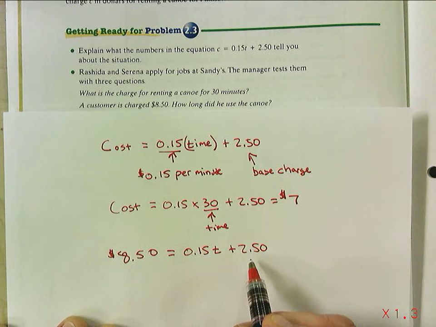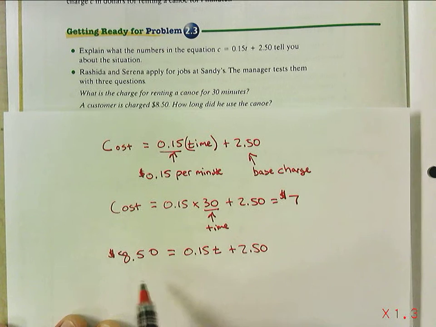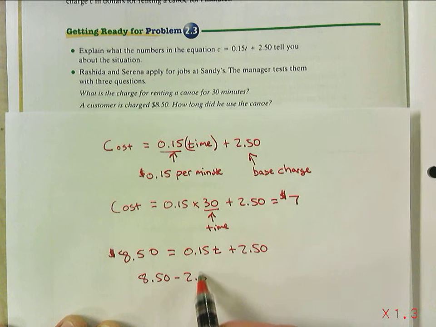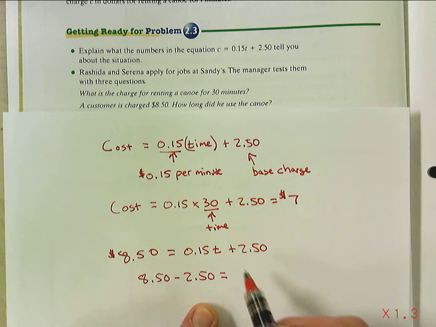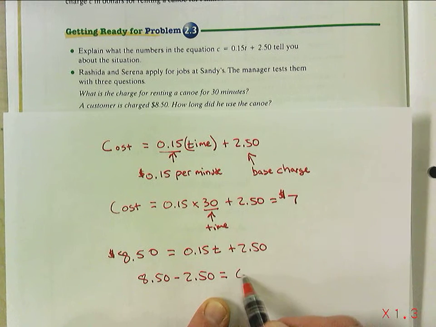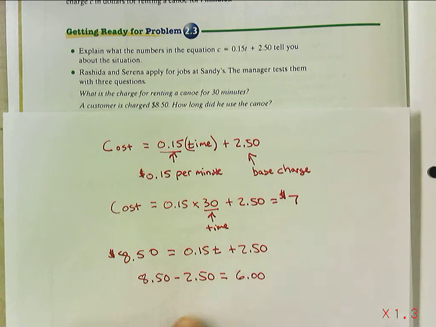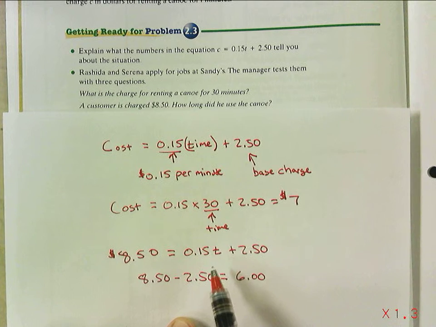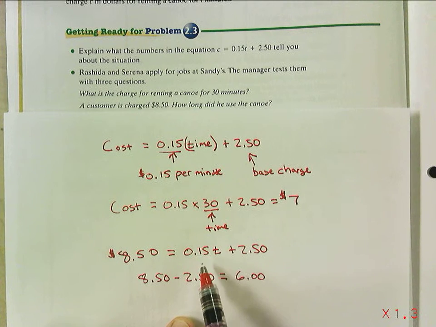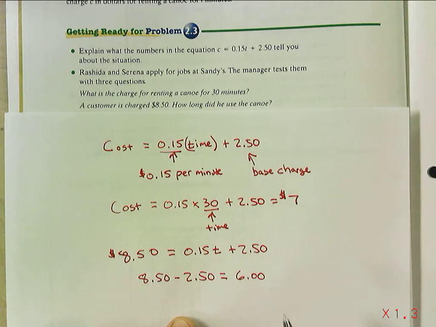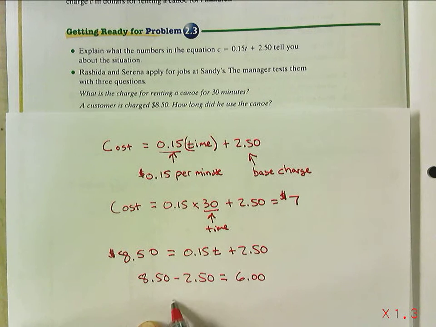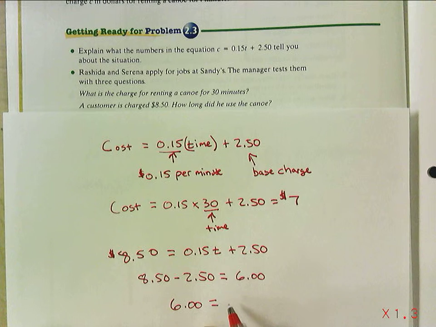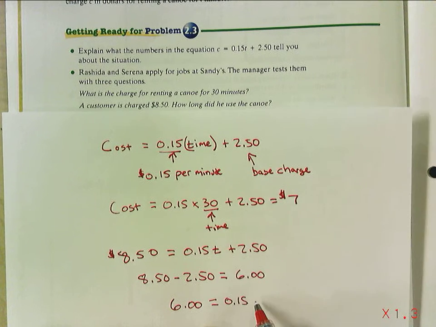Well, there's this $2.50 charge, so if I subtract that from the $8.50, which gives me $6, then I know that the time part of this was found by taking 0.15 times something that equals $6. So really now what I have is $6 equals 0.15 times the time.